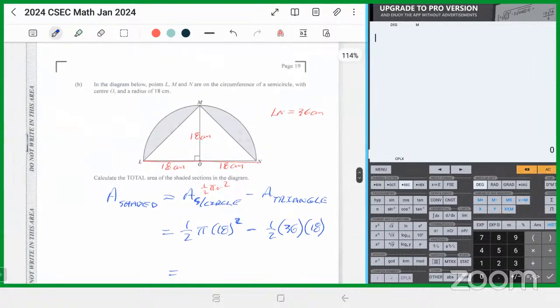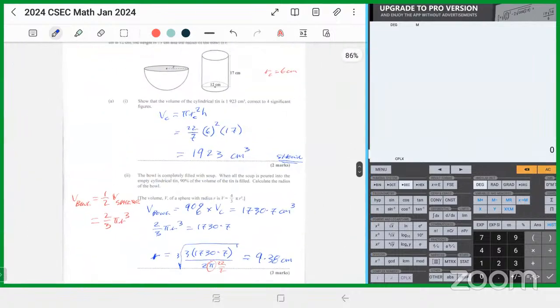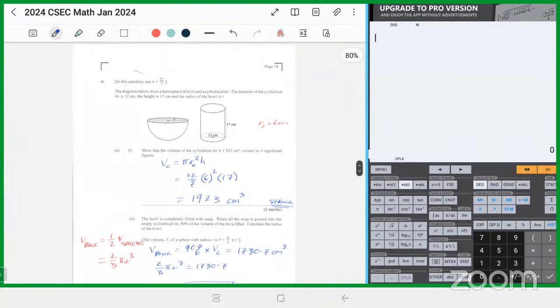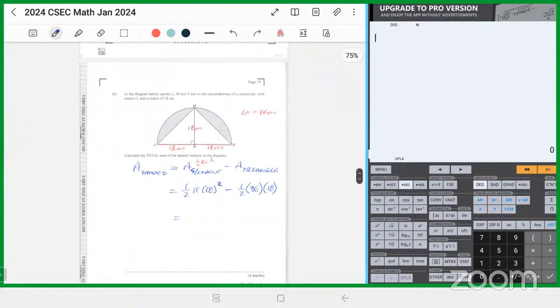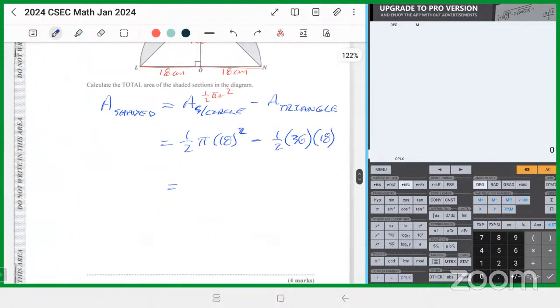I'm going to use 22 over 7 again. Did they say that for this whole question? Yes, it's for the entire question, right? All right, so let's do that down here. So it's going to be half, the same as 0.5, times a fraction, 22 over 7 times 18 squared.